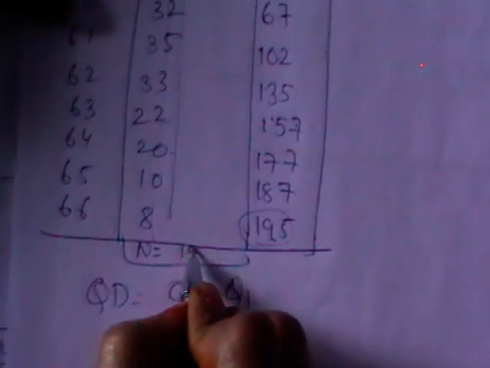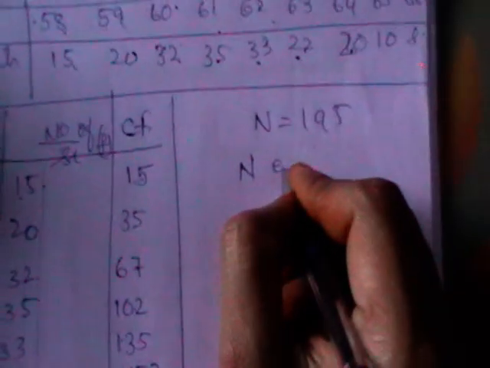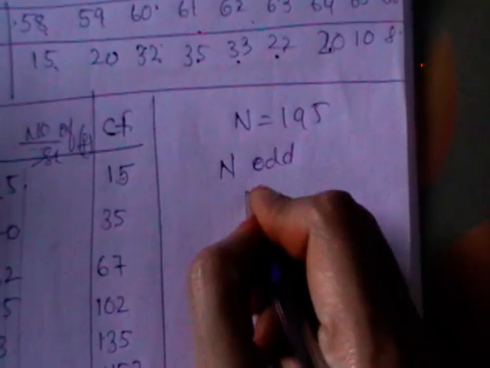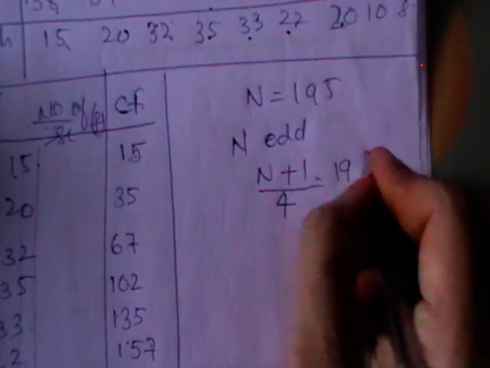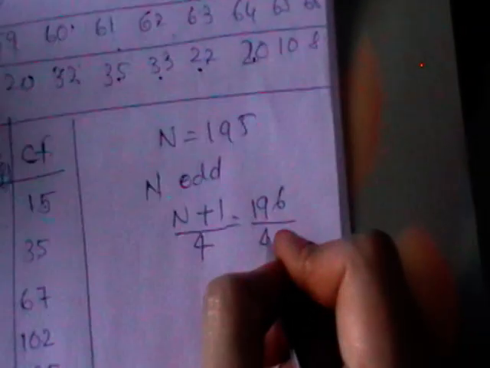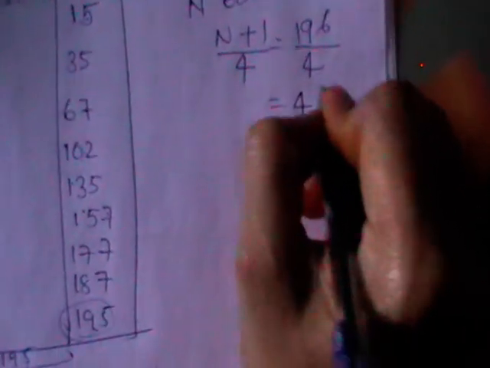So N is odd here. So calculate N plus 1 by 4, which is 196 by 4, which is nothing but 49.